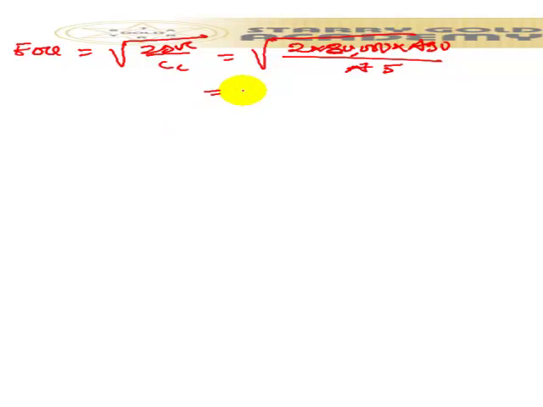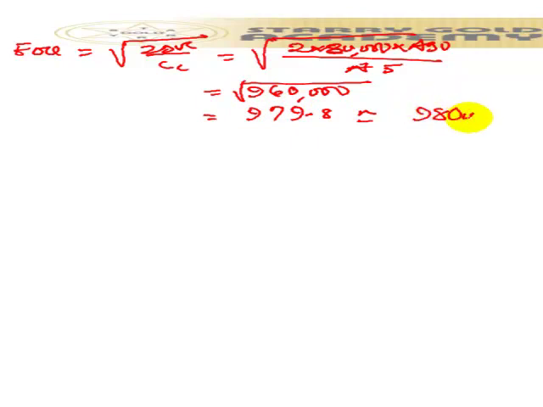It gives us 960,000. The square root of 960,000 is 979.8. Let's say approximately 980 units. So this is what the company is ordering.